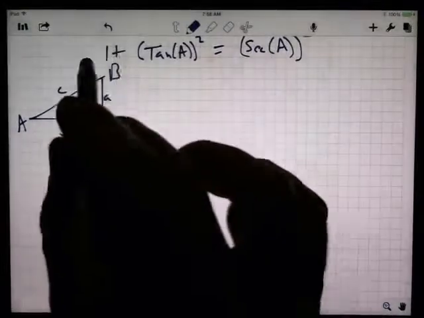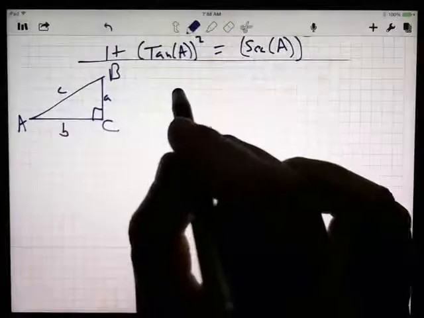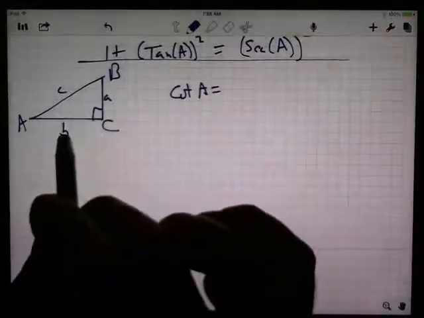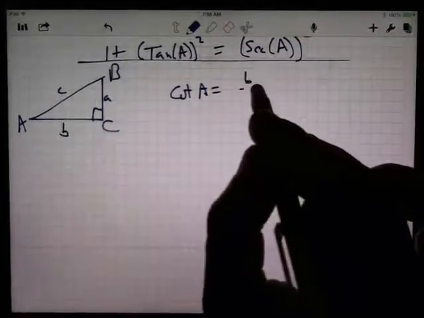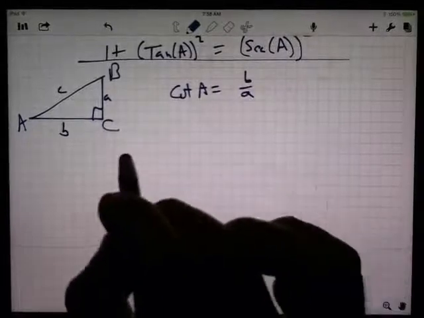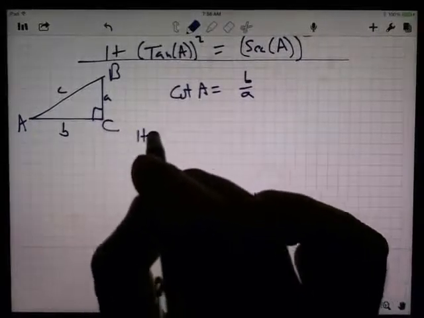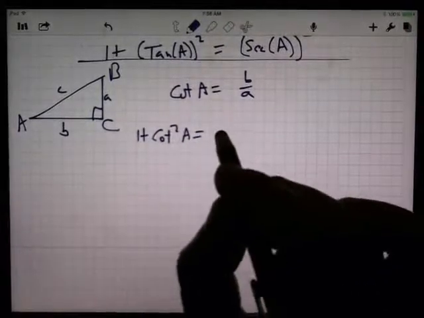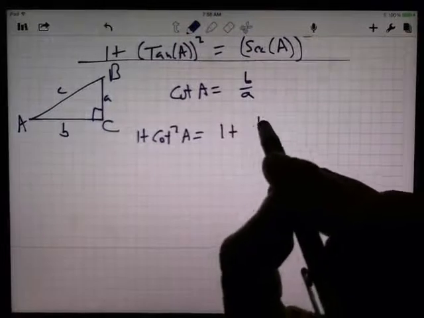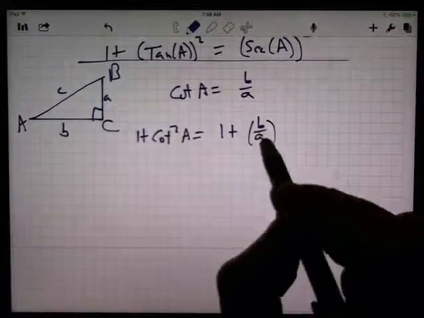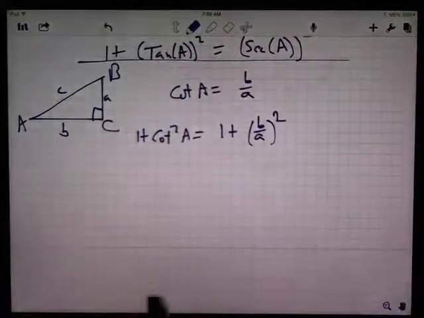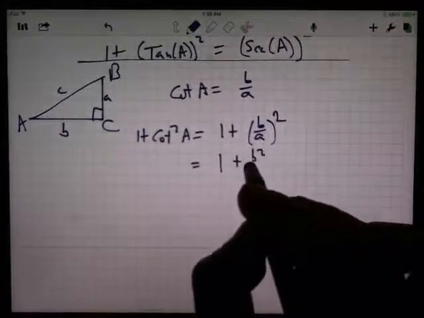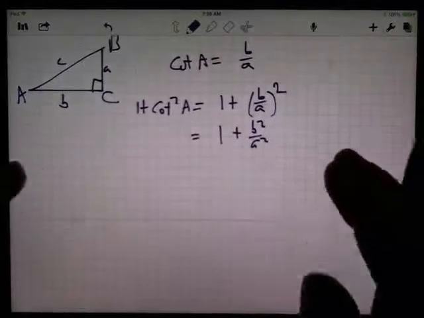So focusing on angle A, this time I want to look at the cotangent of A. Cotangent of A is the adjacent over the opposite, so B over A. And I want to look at 1 plus the cotangent squared of A. 1 plus the cotangent of A is B over A, and by cotangent squared, I mean take that fraction and square it. So 1 plus B squared over A squared.